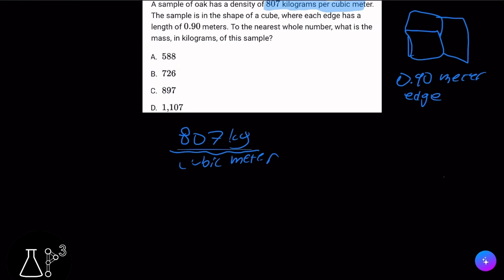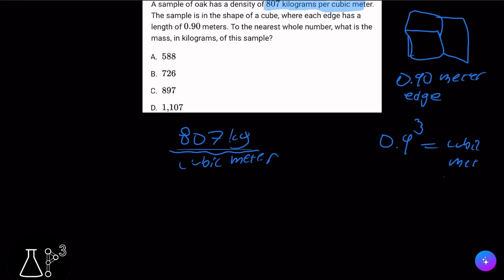And we're looking for the whole number in kilograms of the sample. So what we have to do is multiply 0.9 by itself 3 times, or cubed, because we have to convert each edge to cubic meters. So we do 0.9 to the power 3 to get cubic meters.